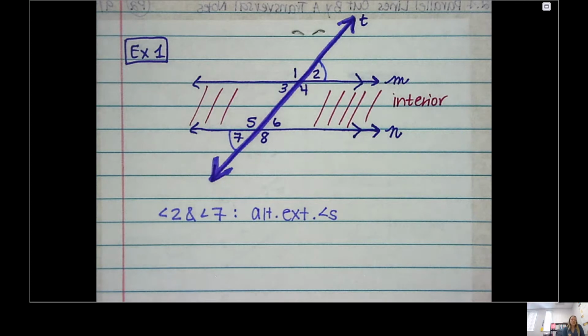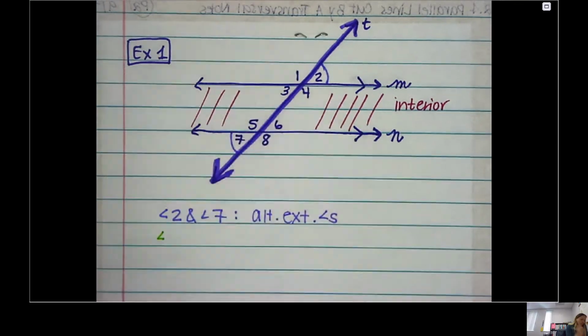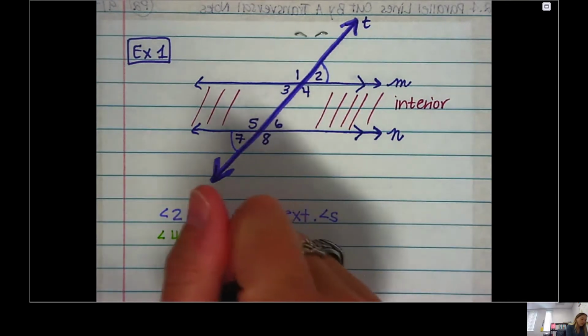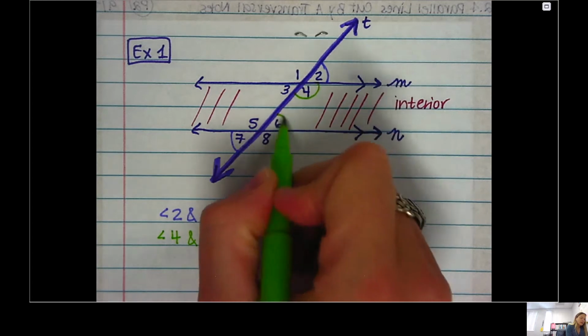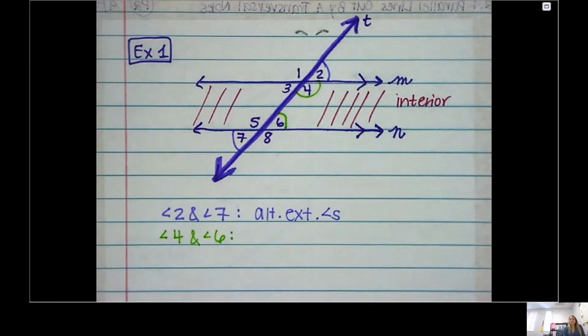All right. Angle 4 and angle 6. 4 and 6. Step 1. Interior, exterior, or both. Raise your hand if you think they are interior. Raise your hand if you think they're exterior.